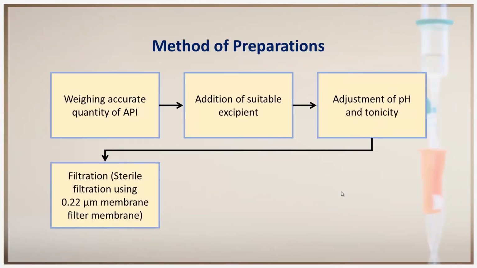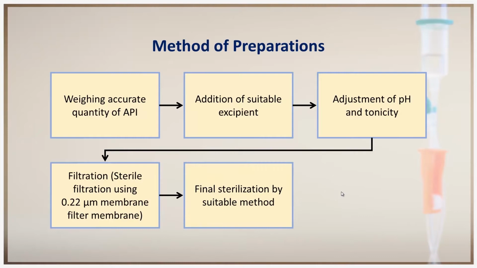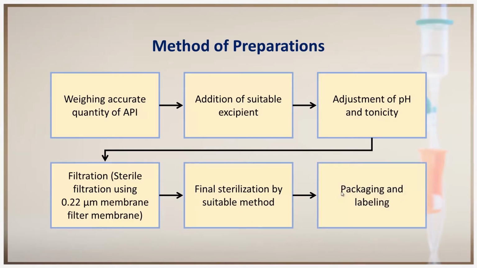Then filtering, where sterile filtration through a 0.22 micrometer membrane filter is used, and then final sterilization by using a suitable method, then packaging and labeling. These are the steps involved in preparation of solution type of parenteral dosage form.